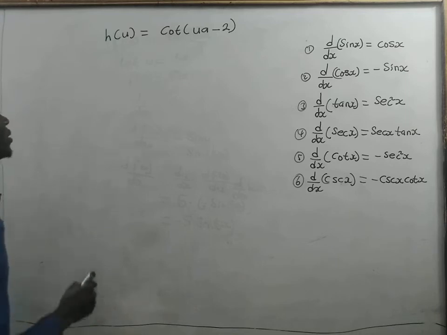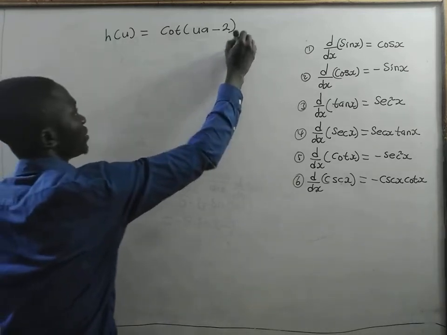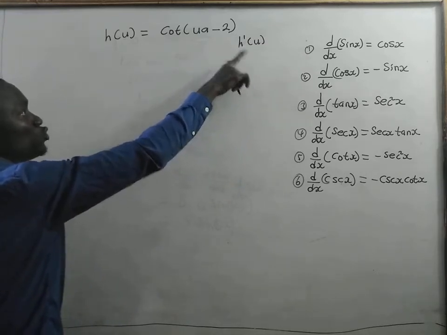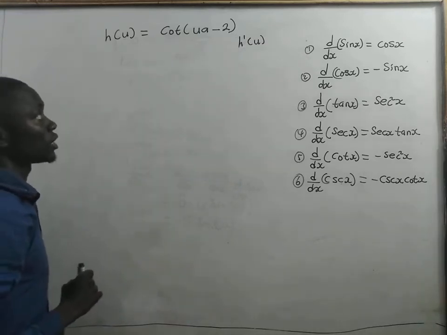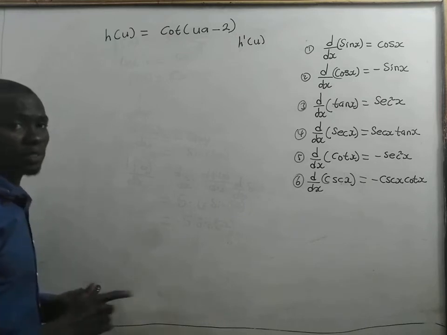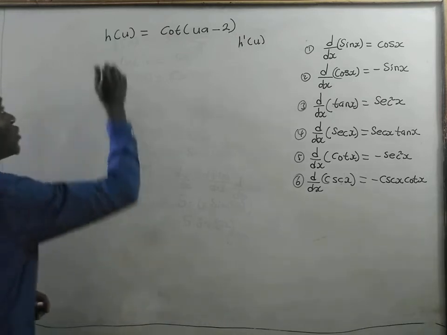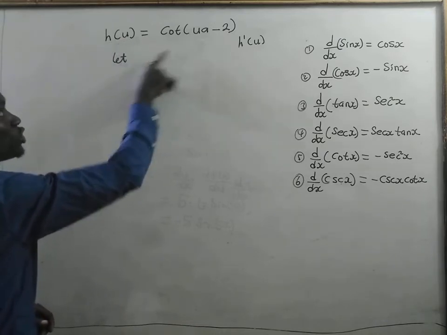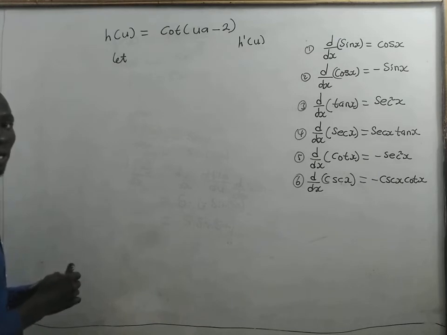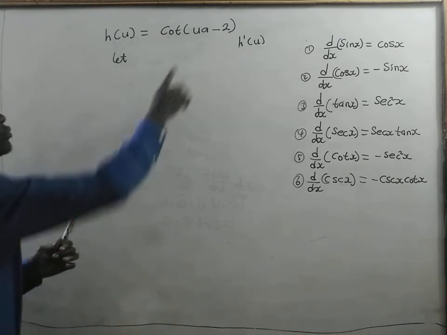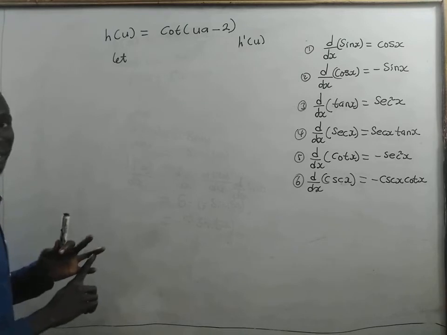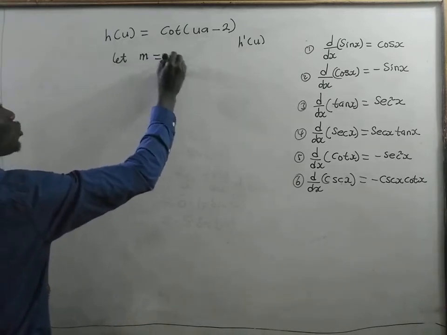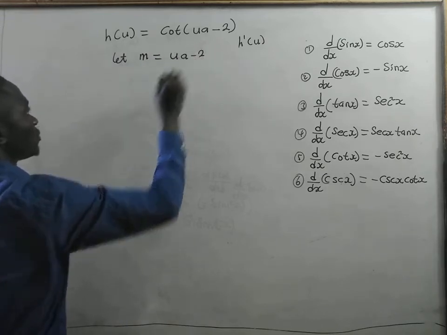Here we are finding h prime of u. That is, you are differentiating h of u with respect to u. So anything that is not u becomes a constant. Here we have u, so we can't let u equal the inner function. So we choose another variable. You can choose y, because we don't have y here. You can choose x, you can choose anything. So I am choosing m.